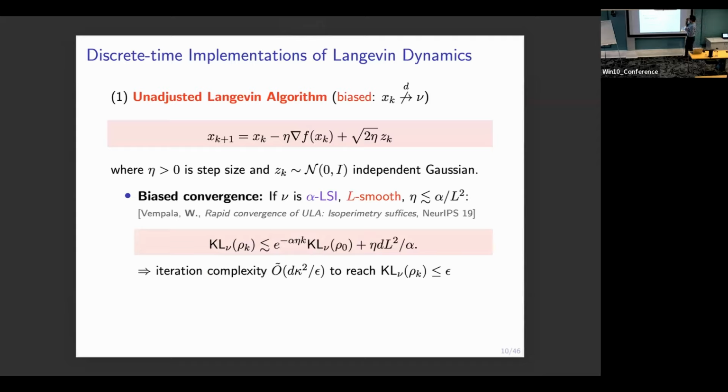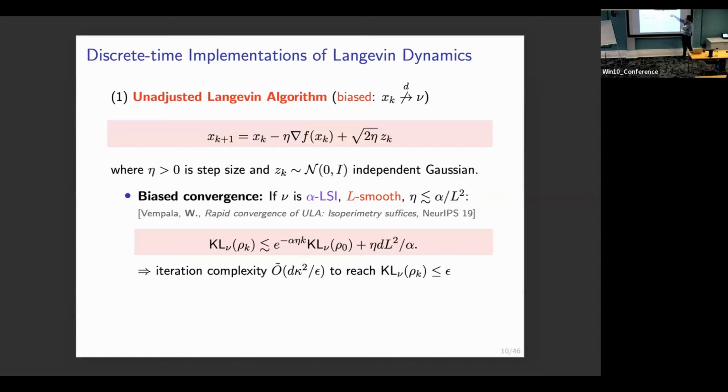So what we can say, for example, is that accepting that there is bias, we can prove biased convergence guarantees. I think in the previous talk, we've seen a similar guarantee in W2 distance under strong log concavity. If we only assume log Sobolev, for example, so we don't have convexity, we cannot do coupling techniques.